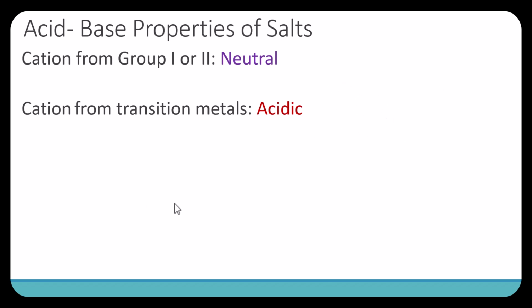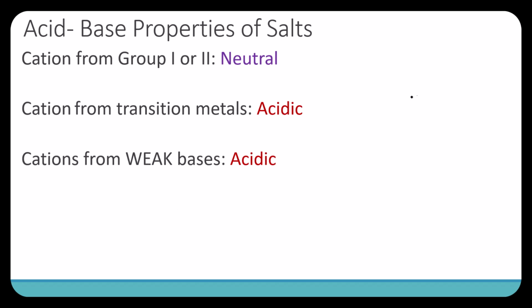So the next one we're going to talk about, continuing with the positive ions, is cations from weak bases. As I've said before, weak bases are a little bit more difficult to identify, so I certainly would help you out with this one. But certainly the poster child for this one would be NH4. So this is ammonium.